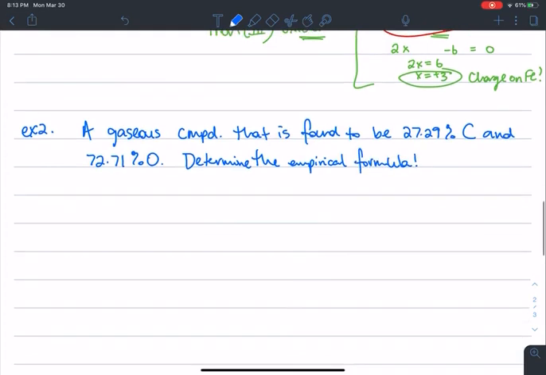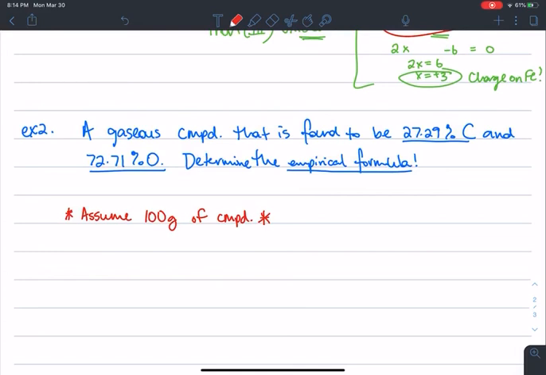Okay, so if you're given a question like this and you're asked to find the empirical formula and you're given percentages, the first thing you need to do, right, is assume 100 grams of compound. Now, you can assume any weight. It doesn't matter what you assume. You'll get the final answer to be the same. The reason why I assume 100 grams is because that's probably one of the easiest numbers to work with.